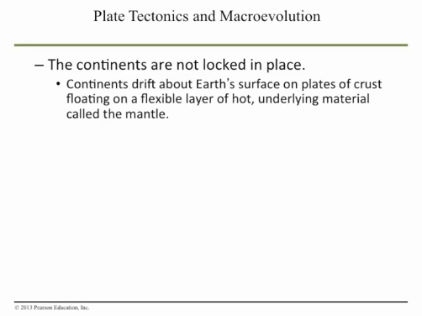Also, where you have two plates pushing up against each other, you often get mountain formation, because as one plate pushes into the other, it might push it upwards, and that's going to push mountains upwards. This is why we have fairly large mountains on the west coast of the states. The Appalachian Mountains, on the other hand, are much, much older.